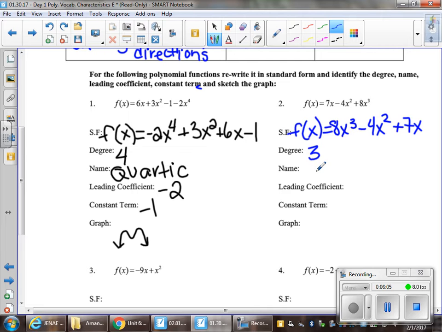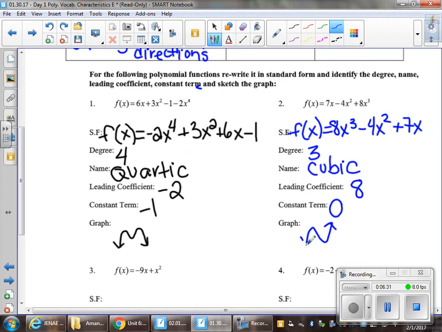3. What's the name of a polynomial with degree 3? Cubic. Our leading coefficient is 8. What's our constant term? 0. Because all of these terms have a variable attached to it, so our constant is 0.